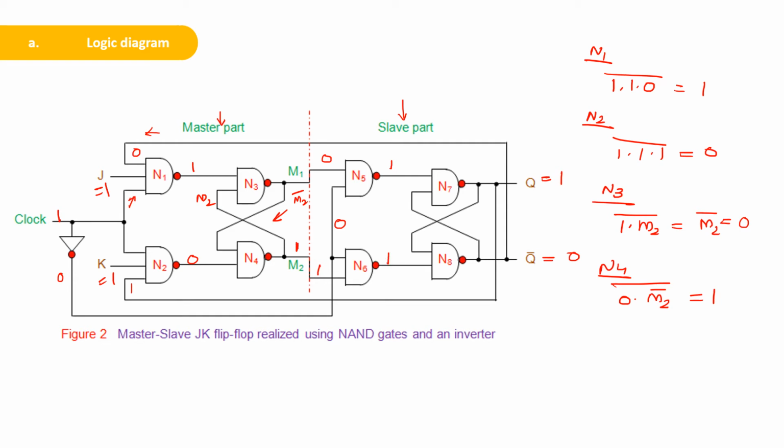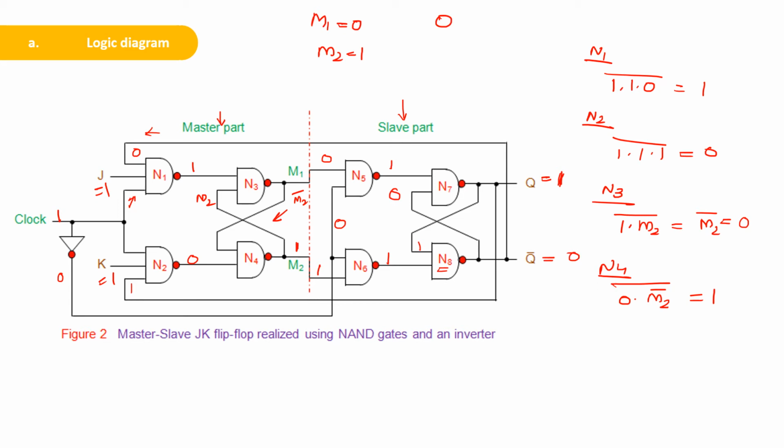Now here Q bar is equal to 0, so the output of N7 will be the complement of 1 dot 0, that is equal to 1, and this is 1, so for N8, 1 dot 1, its complement is 0. That means M1 gets changed. So when the positive clock is coming, M1 changed to 0 and M2 is equal to 1.